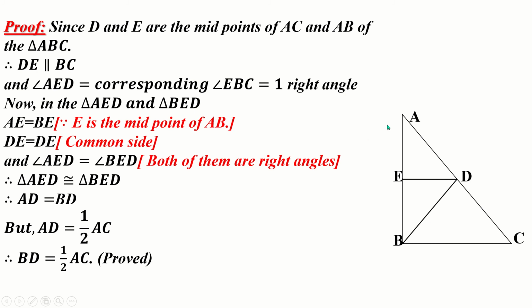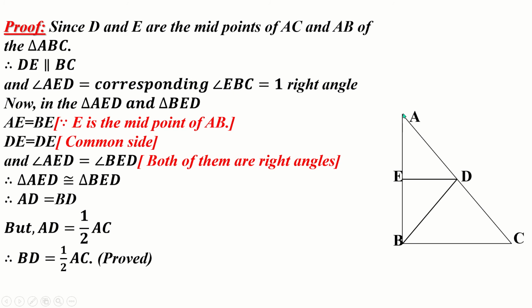And angle AED is equal to angle BED, because angle B is a right angle and BC and DE are parallel, so angle E is also one right angle. So angle AED and angle BED are both right angles and equal.